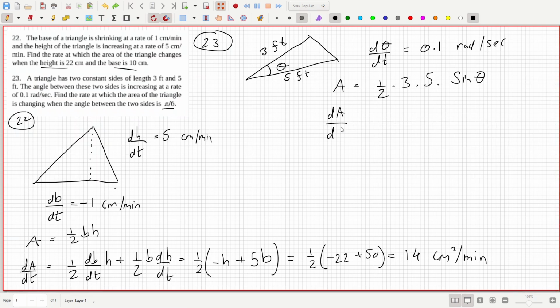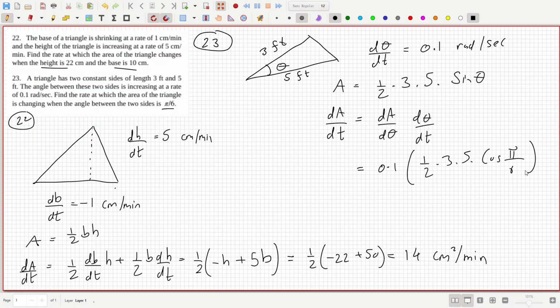So dA/dt, that would be dA/d theta times d theta/dt. Not fully thinking, it's been a few months since I've done these. So that would be 0.1 times a half times 3 times 5 times cos when theta is pi over 6.